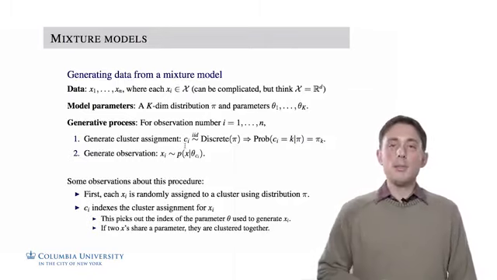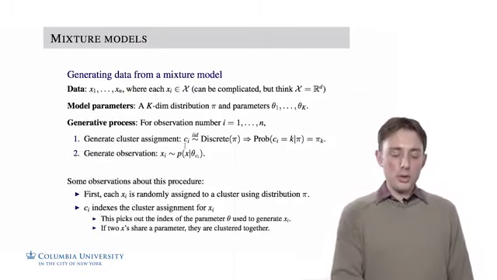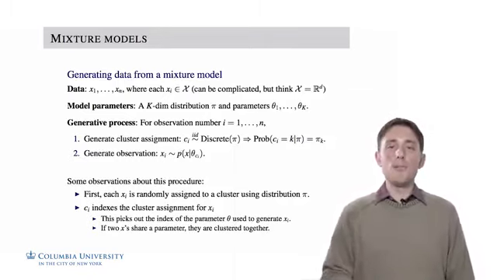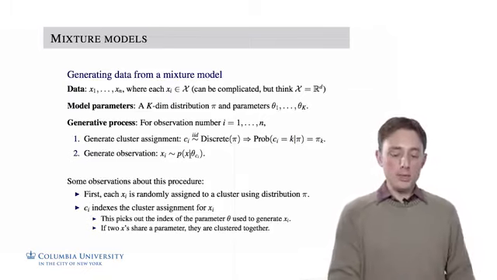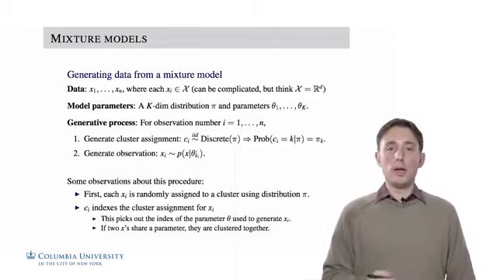And so we use the same exact probability distribution. So we're going to assume that p is the same for all clusters. So it's, for example, a multivariate Gaussian or something more complicated than that. The only thing that's differing across clusters is what parameter we use for that cluster. So if p is a multivariate Gaussian, then theta would be the mean and the covariance for each of those k Gaussians.